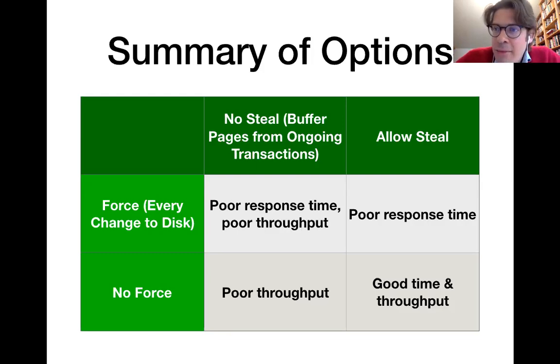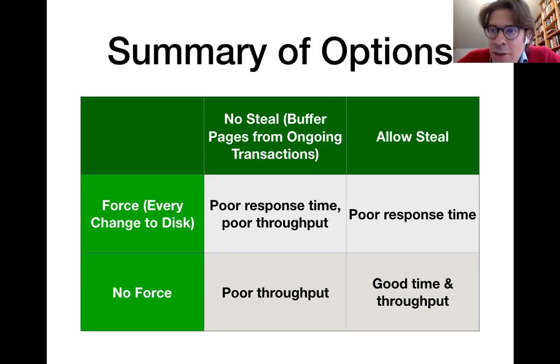The other choice that we have is how flexible we are in assigning buffer slots to transactions. A no-steal policy essentially means that each transaction must hold on to its pages in the buffer pool until it commits. The advantage of that is that we don't have to deal with undoing changes on hard disk by aborted transactions.